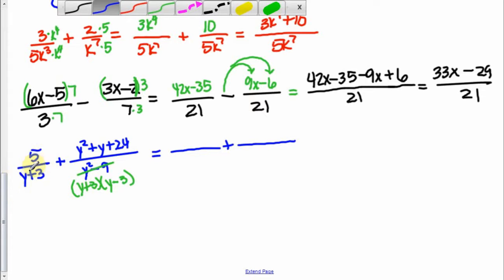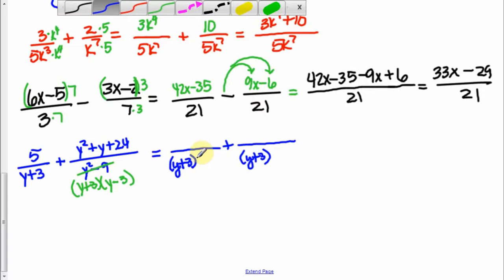This one has a y plus 3 one time, correct? This one has a y plus 3 one time. So I definitely am going to need a y plus 3 one time in my denominator. There's nothing else over here, but this one has a y minus 3. In order for my new denominator to be a multiple of this denominator, I have to have all the factors of it in there.